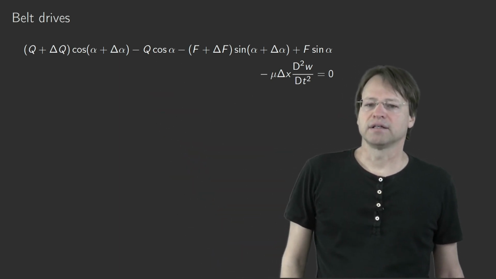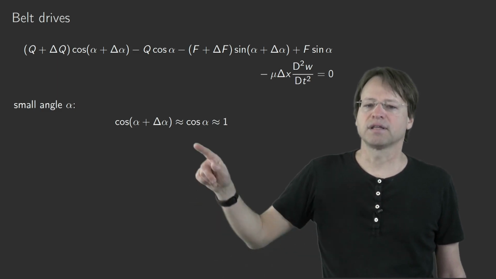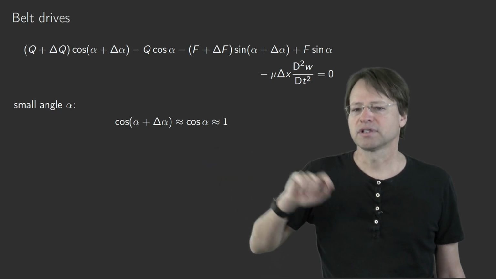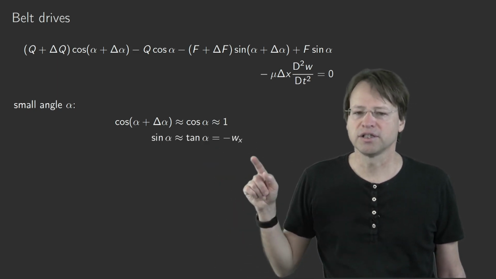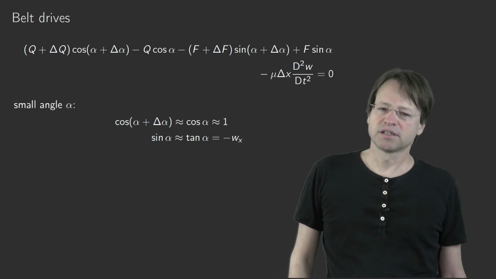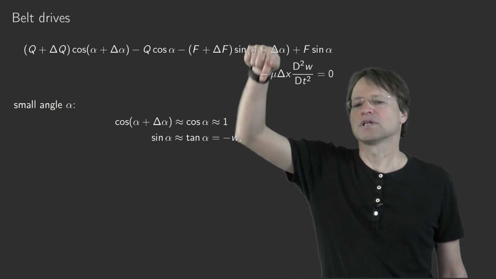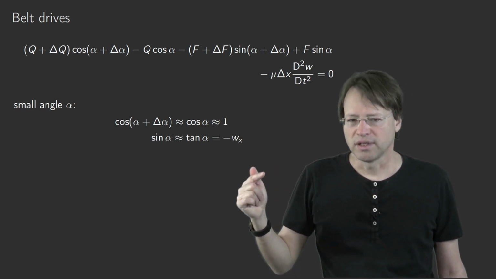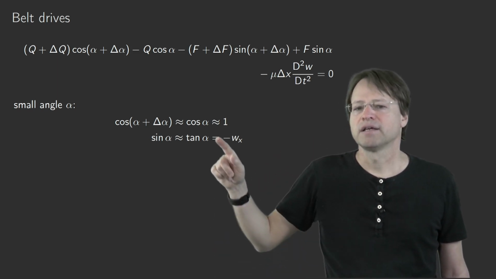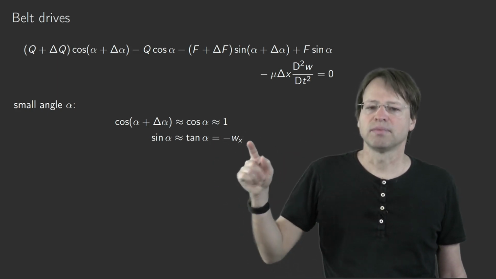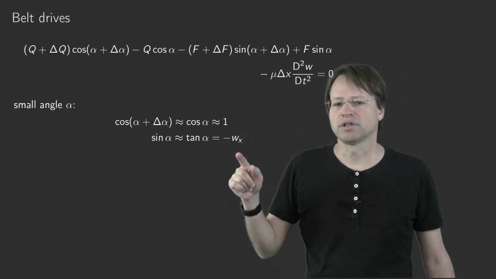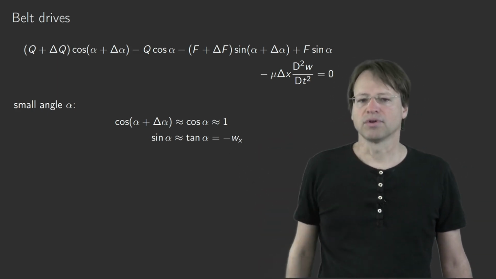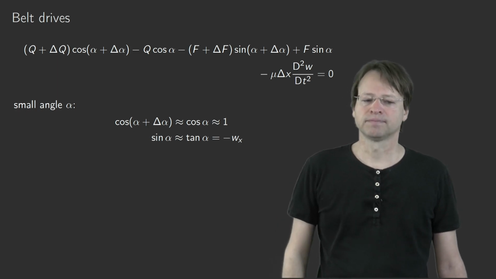So for a small angle alpha, we set the cosine of alpha equal to 1. The sine alpha will then be equal to the tangent alpha, and here you have to pay attention. It's now minus wx. Why is this the case? Because our w-axis points downwards. Yeah? And if you look at the definition of that angle alpha, then the tangent of alpha is equal to minus wx. It's not wx itself, it's a negative sign, yeah? Due to the choice of the coordinate system and the angle alpha.